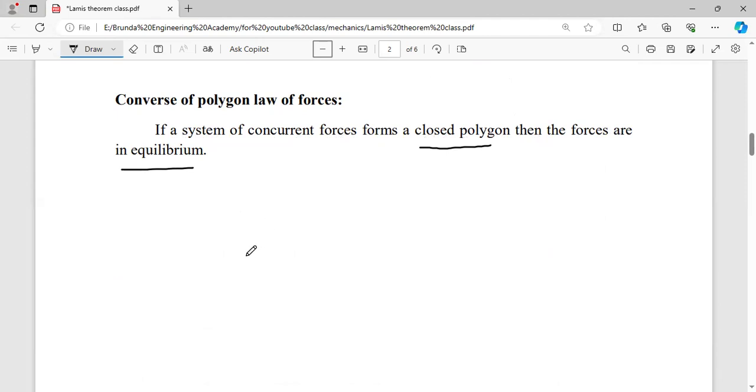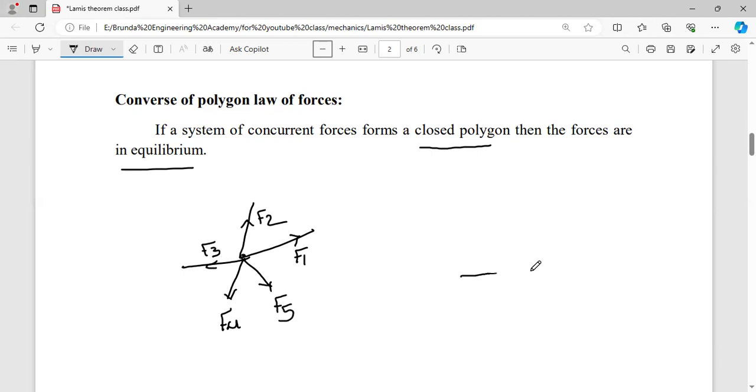Similarly, suppose I am taking five forces: F1, F2, here F3, F4, and this F5, like this. Then these are in equilibrium, and the polygon closes in this way.